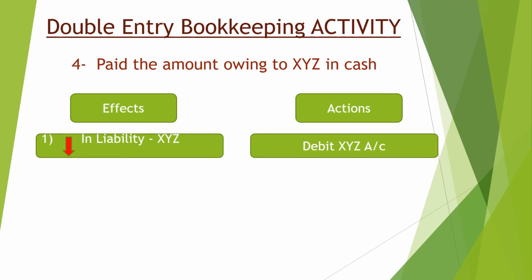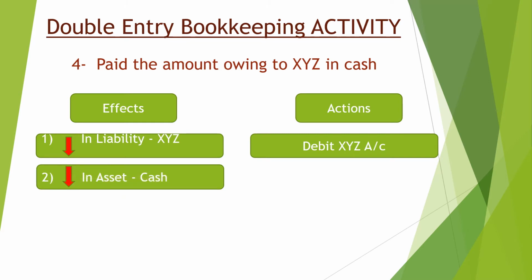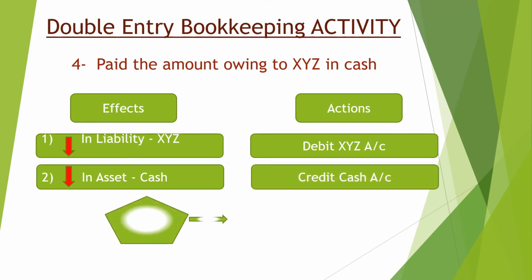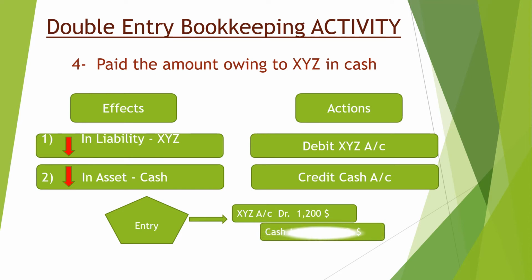So XYZ account will be debited, and there is a decrease in asset, which is cash, as cash has gone out. So the action will be credit cash account, and the final entry would be XYZ account debit by 1,200 and cash account credit by 1,200.